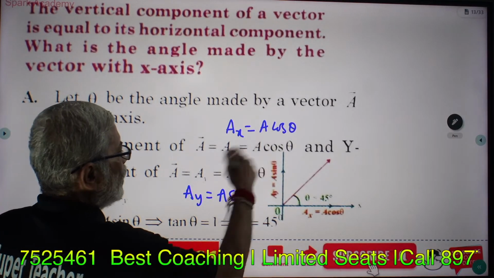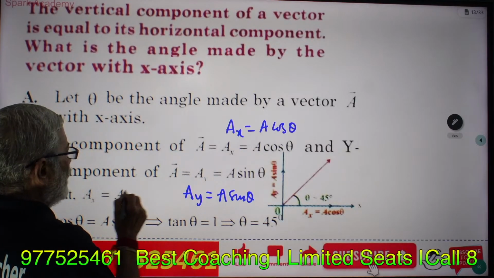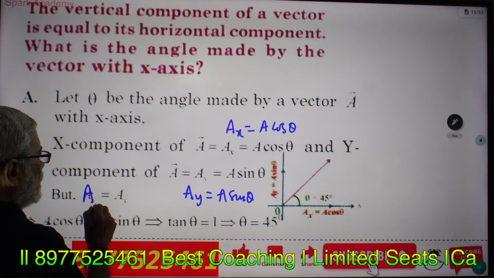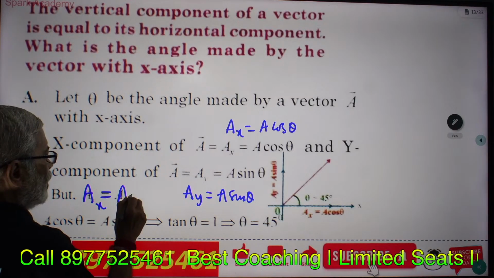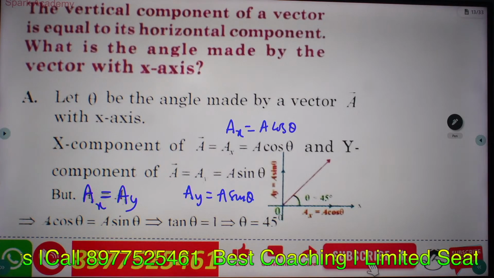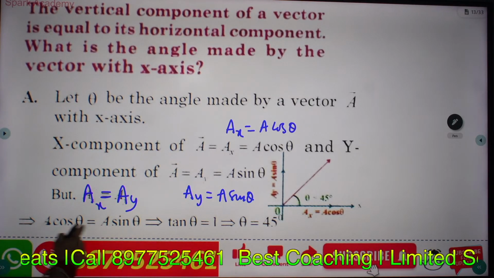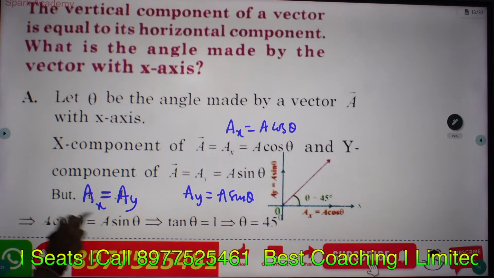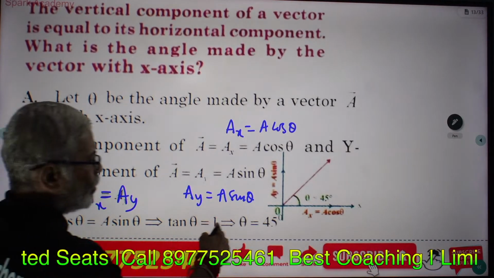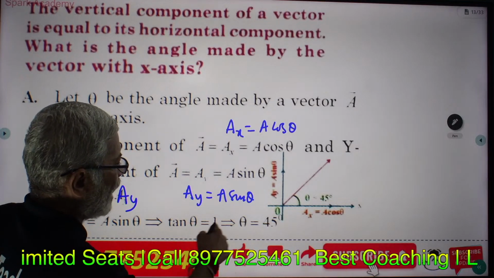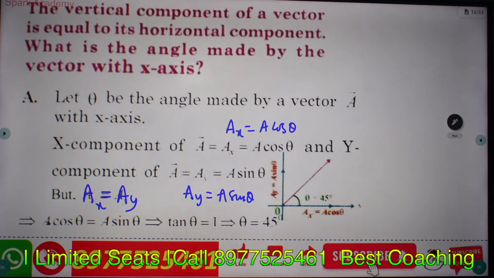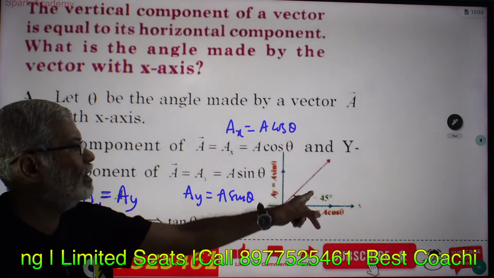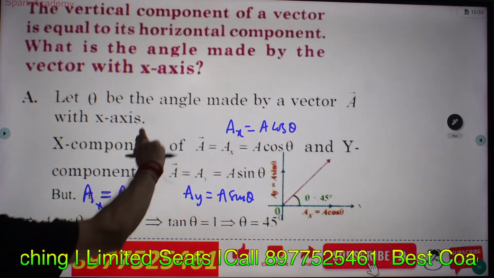If both are equal, Ax is equal to Ay, so A cos theta is equal to A sin theta, A cancels, tan theta is equal to 1, theta will be 45 because you know tan 45 is 1. So if both components are equal, the angle will be 45 degrees.